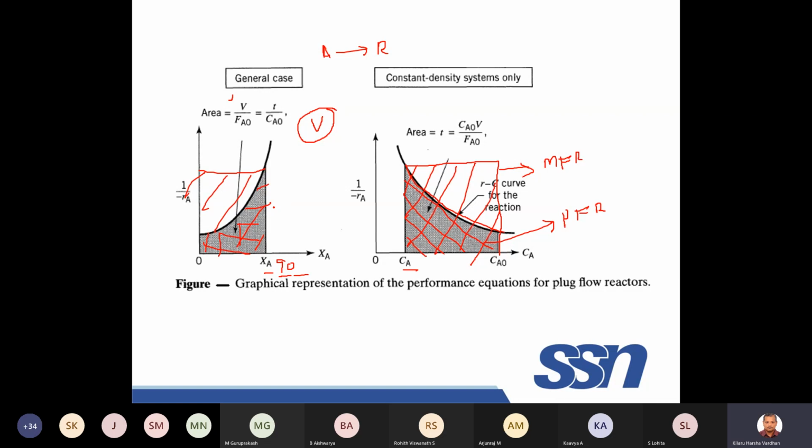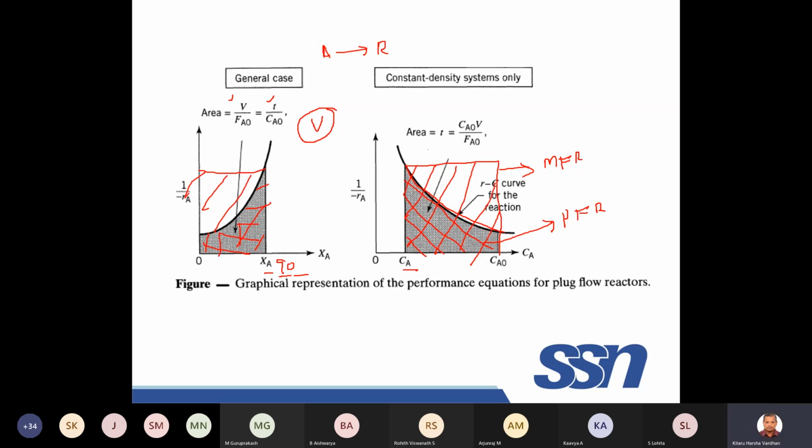That is the biggest thing. So the MFR requires more volume, in the sense more tau. That is how much time it is spending inside the reactor. So the volume of MFR is much more than PFR.